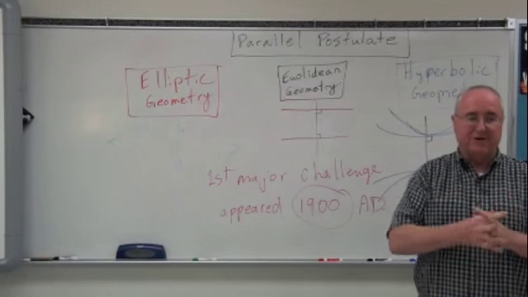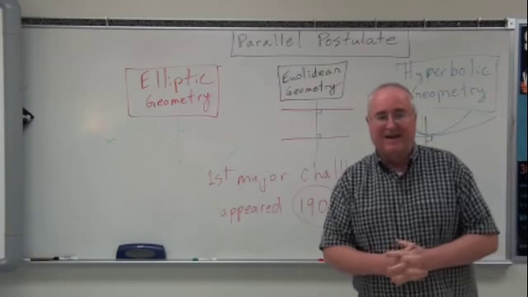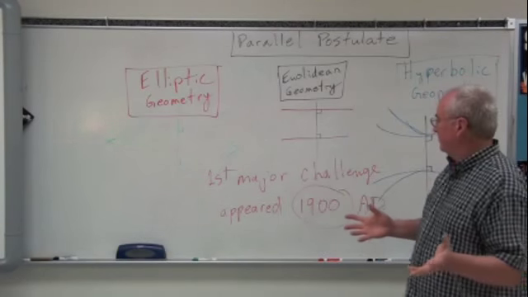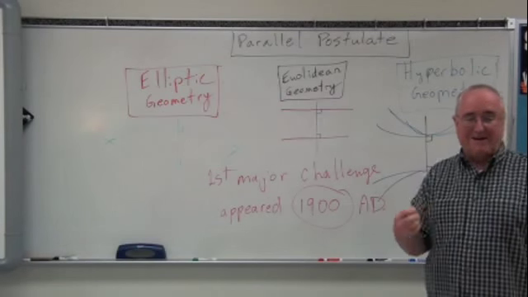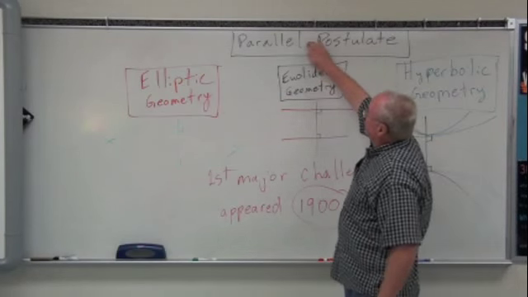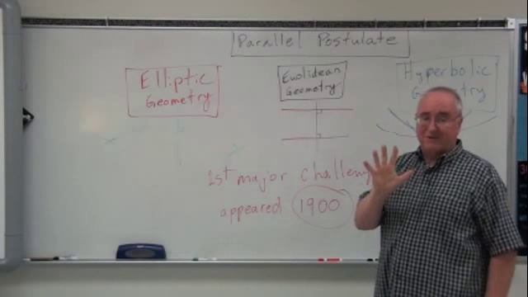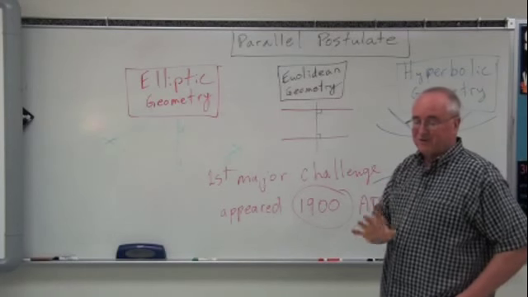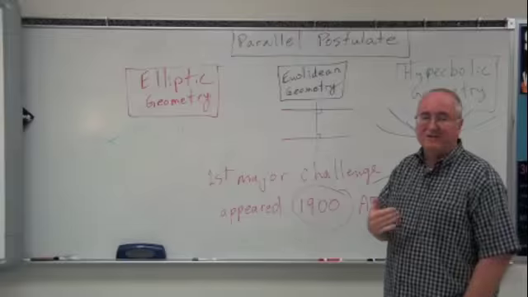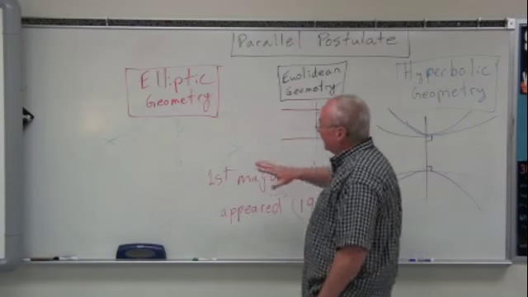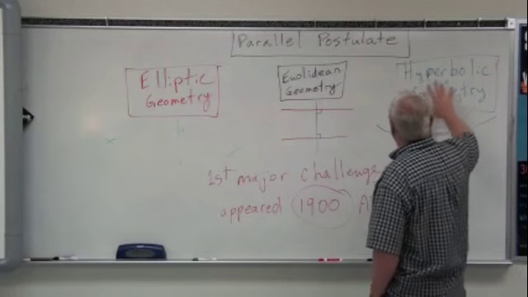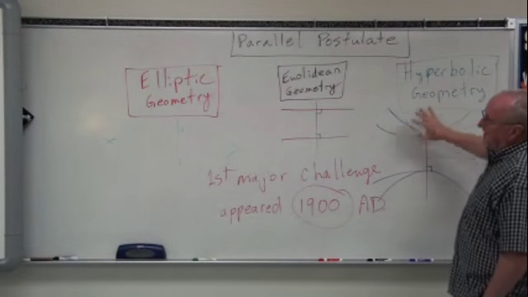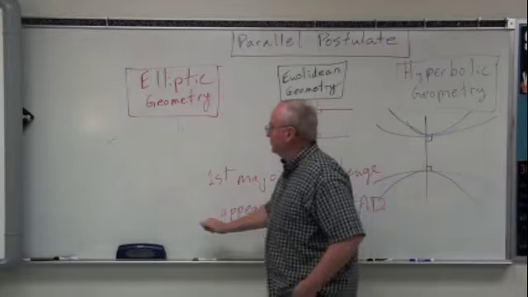He wrote his book in that neighborhood. So it was like 2,000, 2,200 years before there was a major challenge to the parallel postulate, the fifth postulate of Euclidean geometry. Now, go over these because you're going to see them on a test. Not necessarily elliptic in all those concepts, not necessarily hyperbolic, but basically you're going to be seeing those terms. All right?